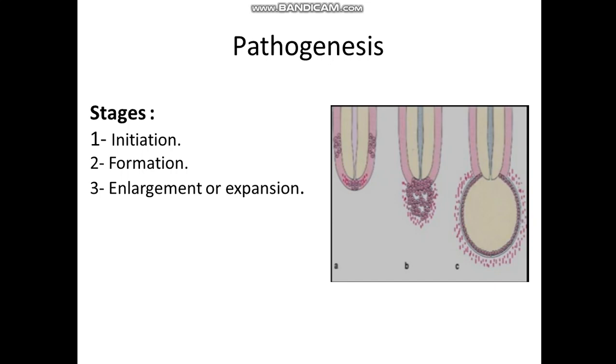Other theories say that it is due to an increase in the intracystic pressure, due to an increase in hydrostatic pressure, an increase in fluid or material within the cystic lesion.